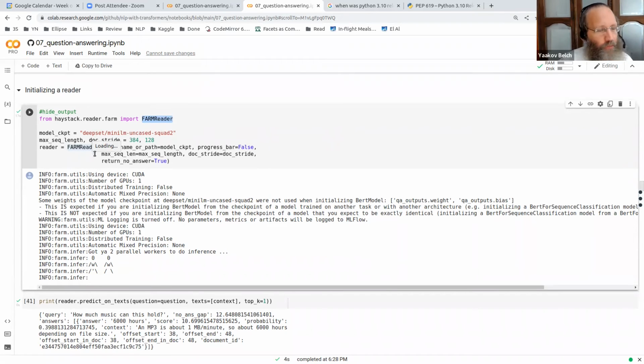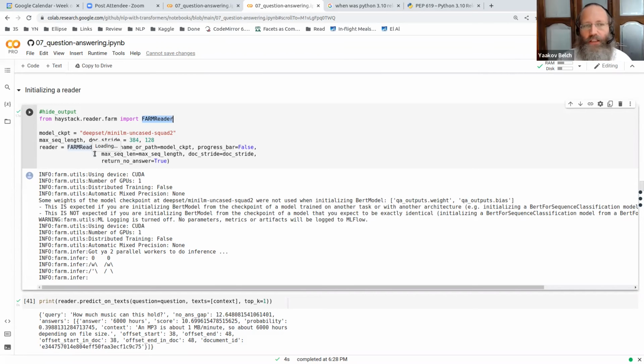So one key point is that the transformers reader normalizes the results for each chunk, which means that you cannot compare multiple chunks or multiple documents against each other. So you could have a lower confidence for some documents, but it will normalize that difference away. Whereas the farm reader says, well, we don't want this, so we don't do that.